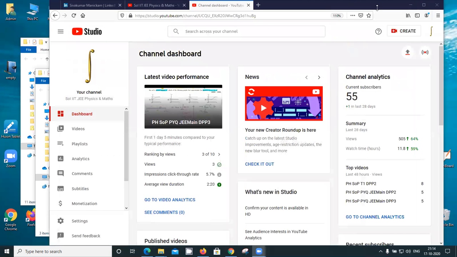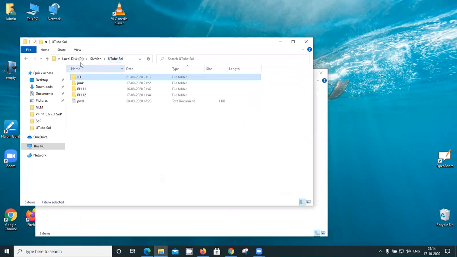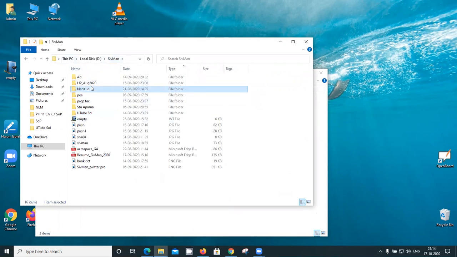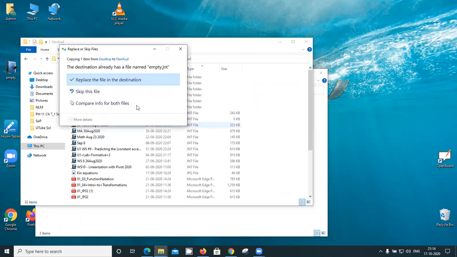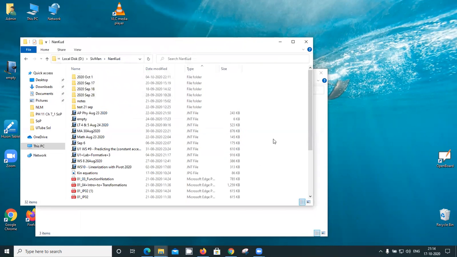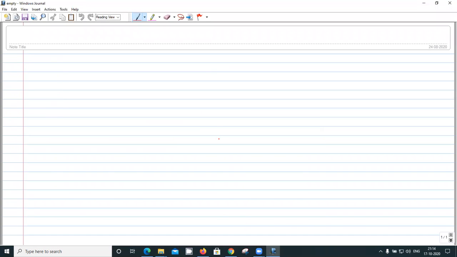So the graph will go up like this, then maintain a constant value, and then slow down.